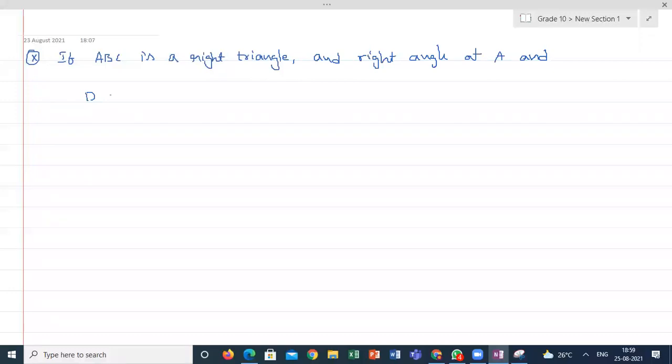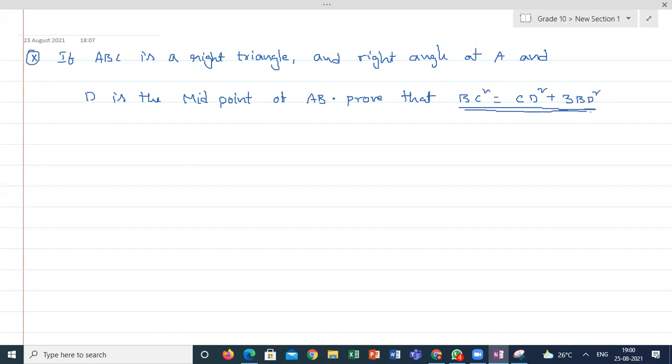If ABC is a right triangle with right angle at A, and D is the midpoint of AB, prove that BC square will be equal to CD square plus 3BD square. Please.